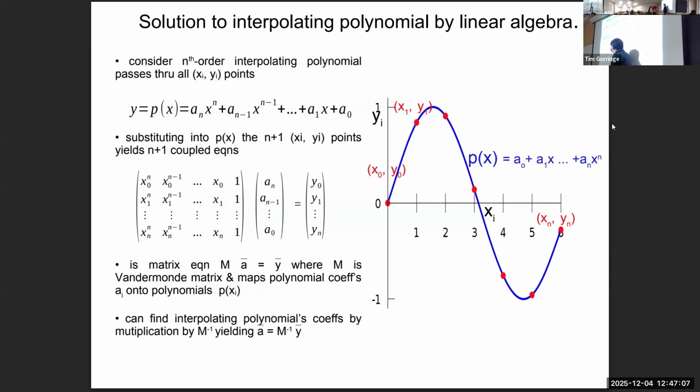So if we look here, the matrix is called the van der Monde matrix. We met this before. Its columns are increasing powers of the independent variable. So here we've got a column of the 0th power, the 1st power, and so on.